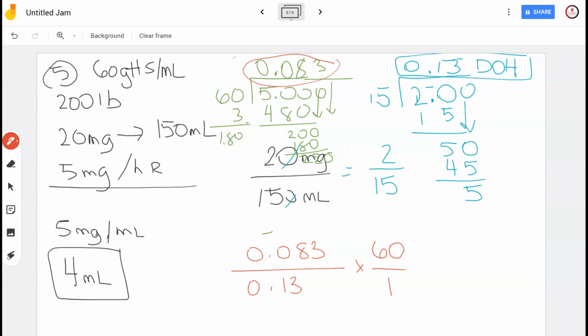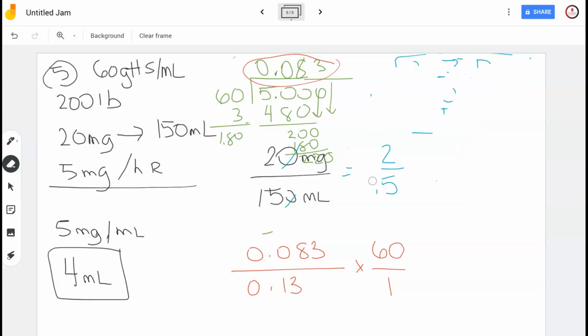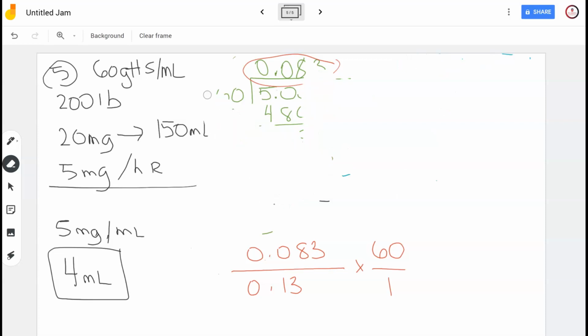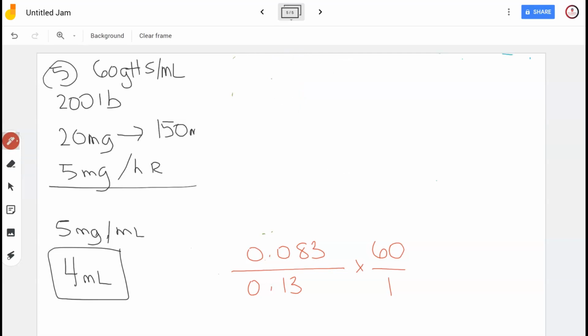This is a messy one, so I do some erasing over here. So you have 0.083 times 60.